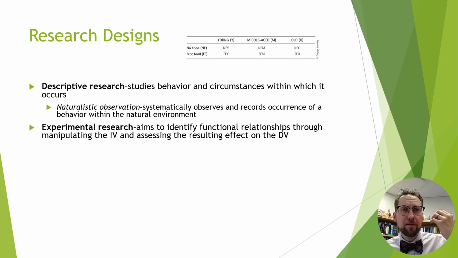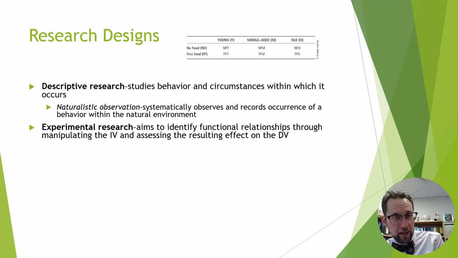Then you have experimental research. Experimental research tries to identify functional relationships that we're interested in through manipulating the independent variable or variables and assessing the effect of that manipulation on the dependent variable. So now you could say, I bring parents to the lab, I see how they interact when their kid gets upset.